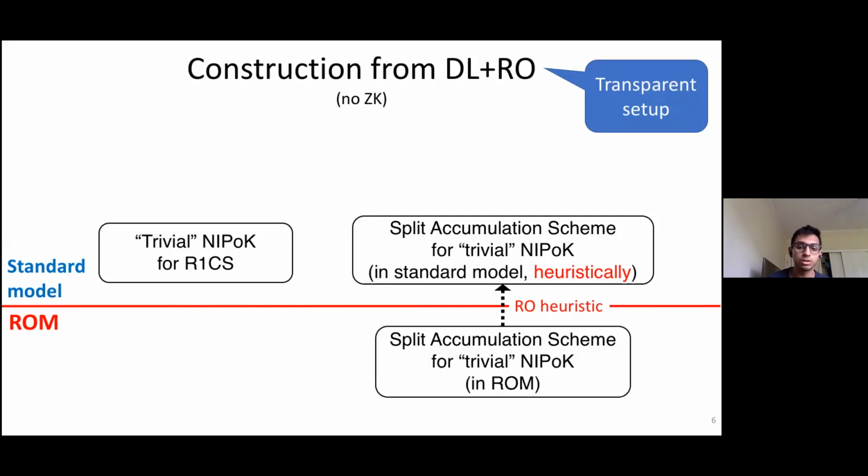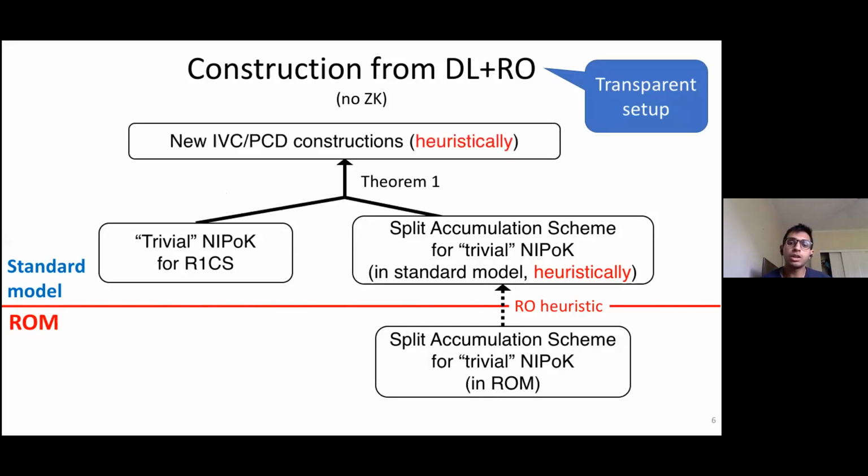So you can imagine just replacing your random oracle with Poseidon or Blake2s or something, right? So we can't prove that it acts like a random oracle, but it's probably good enough for practical purposes. Right? And then now we can apply theorem 1 to get new IVC and PCD constructions. Of course, heuristically, but the heuristic is just in the instantiation of the random oracle. Everything else is provably secure from discrete log.